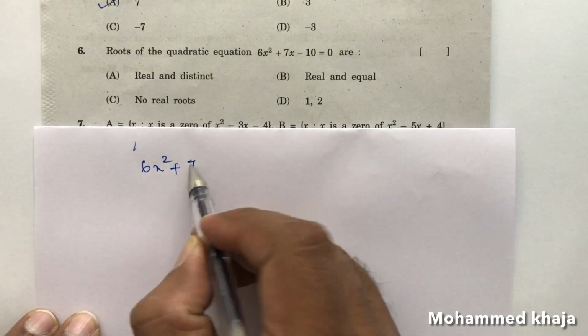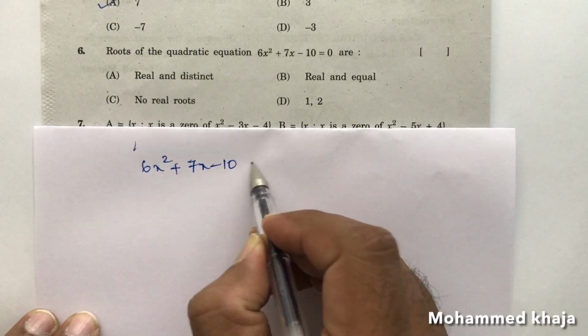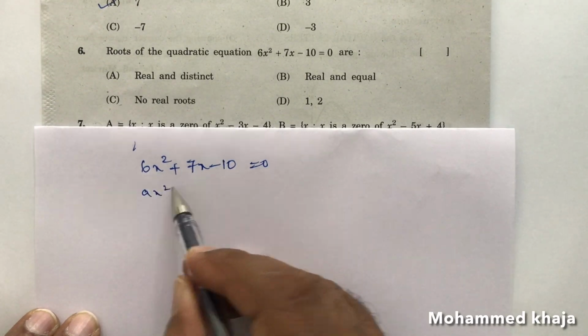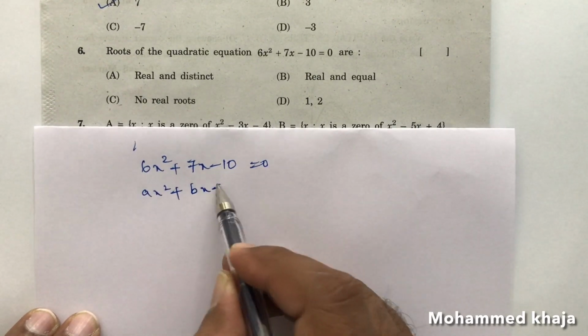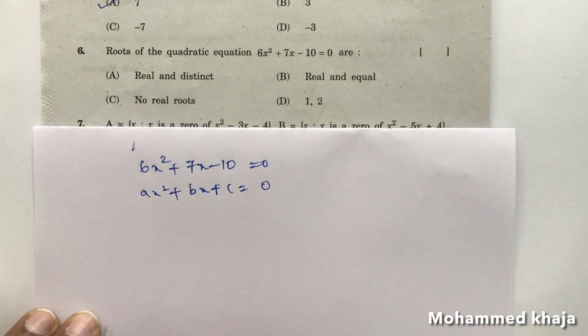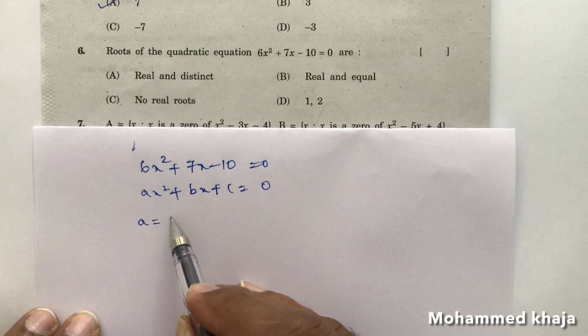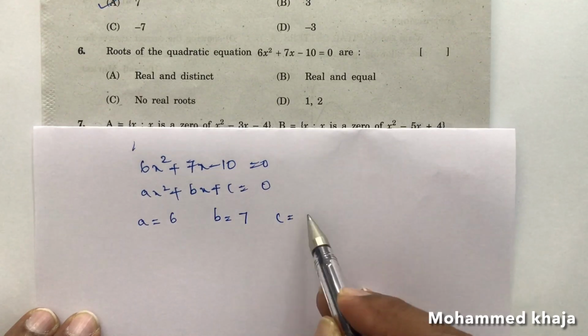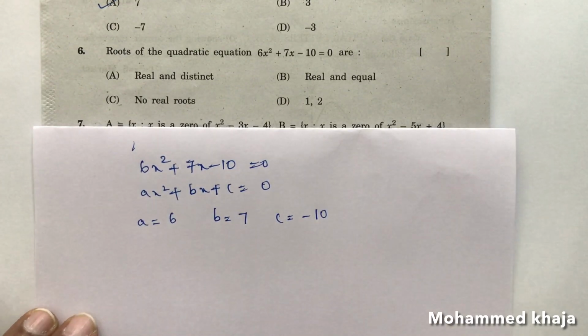6x square plus 7x minus 10 equals 0. Comparing with ax square plus bx plus c equals 0, the value of A is 6, B is 7, C is minus 10.